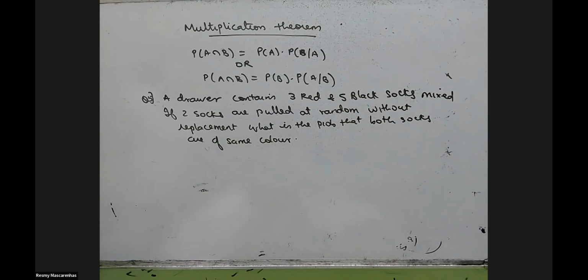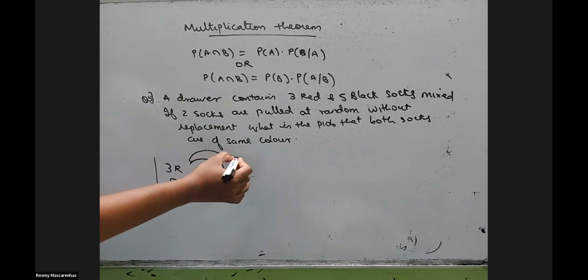So there's a drawer which has 3 red and 5 black socks. Now there are 2 socks which are pulled at random without any replacement. One sock is first removed and is not put back.